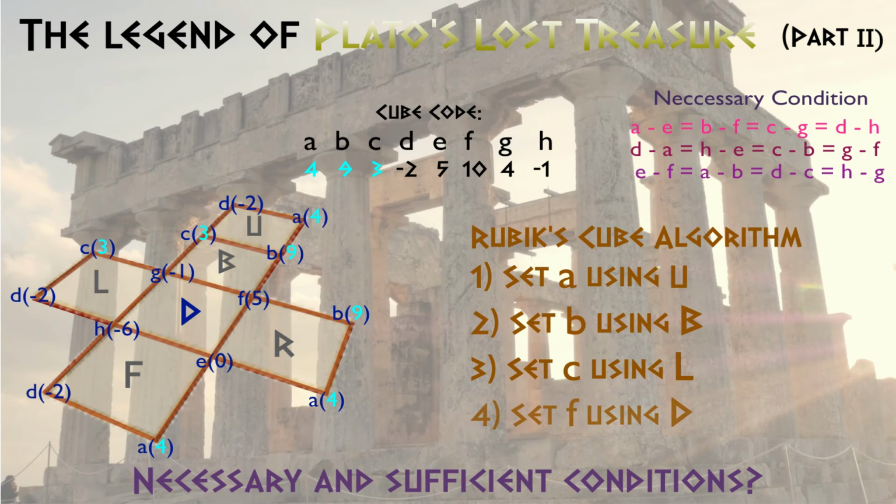And then we'll set vertex F to its correct value using face D. Our algorithm now guarantees that 4 of the 8 vertices are set correctly.